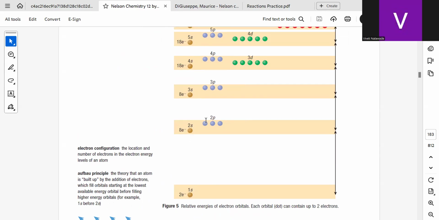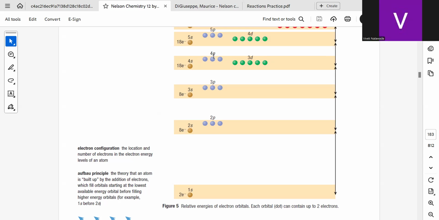What this figure is trying to represent is that 1s has lower energy, 2s has higher energy, 2p has higher energy than 2s. Then 3s has higher energy. After 3s, 3p has higher energy. After 3p, 4s has higher energy. After 4s, it is not 4p, it is 3d. And after 3d, we have 4p.